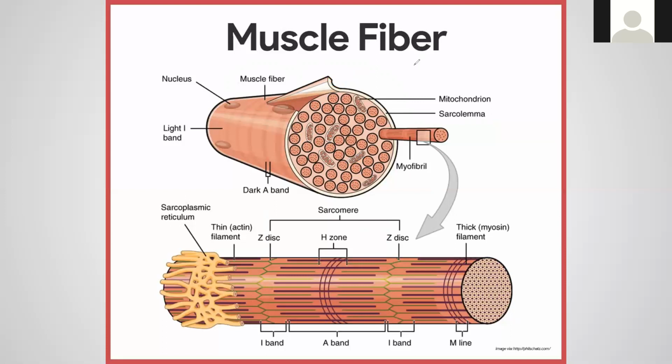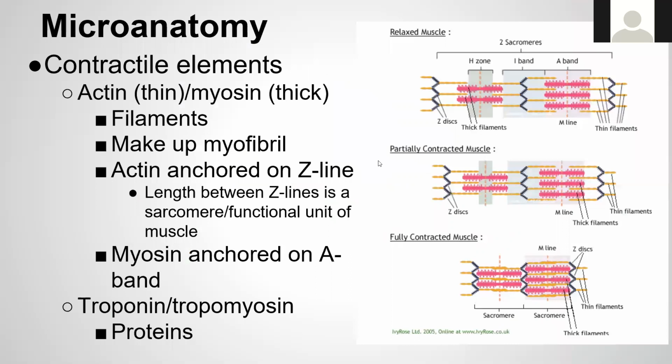Now, when we get here into the anatomy of a myofibril, that's where we start finding out how actual muscle contraction occurs. So all of our contractile elements are made up of really just proteins.